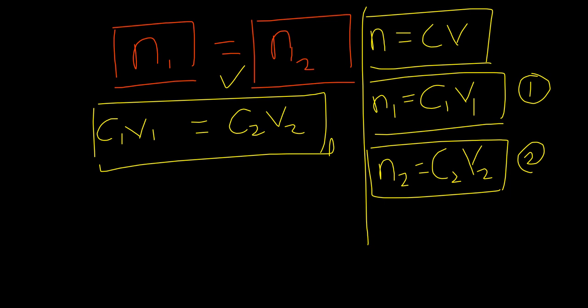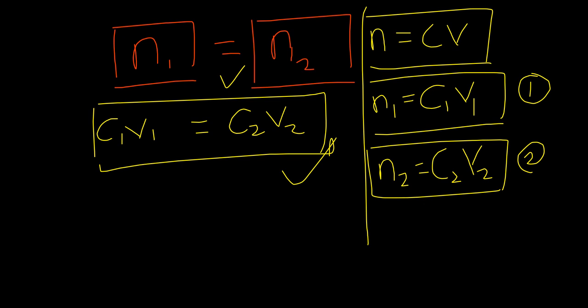So in most dilution calculations, this is the formula you are going to use. Remember that C1 times V1 is always equal to C2 times V2. C2 is the concentration of the solution after dilution.